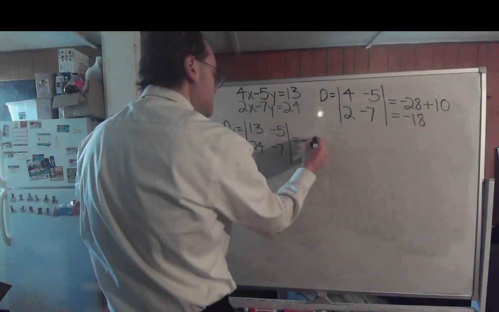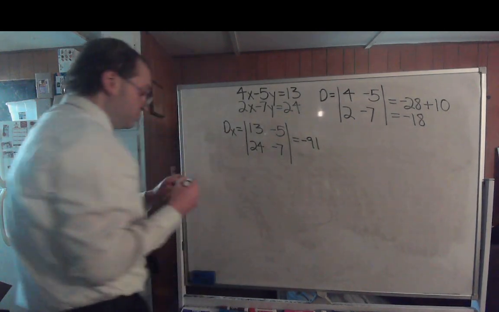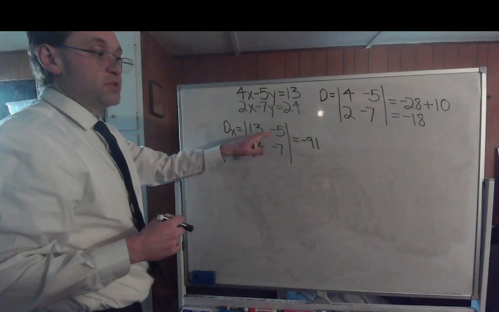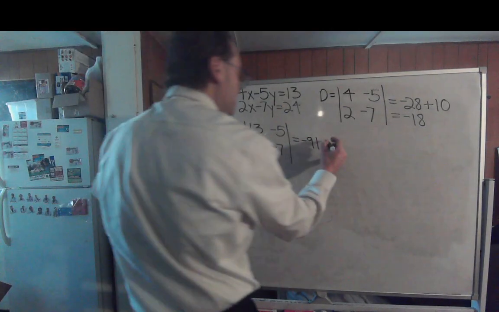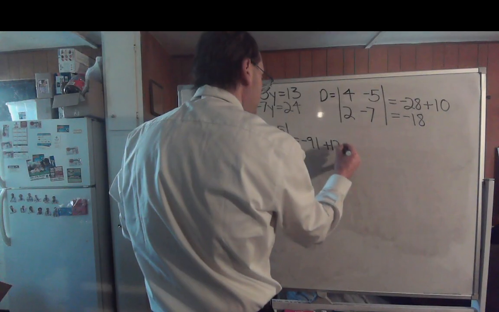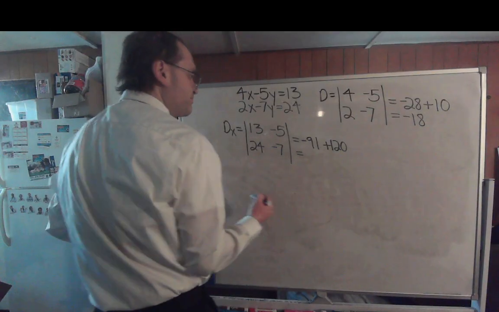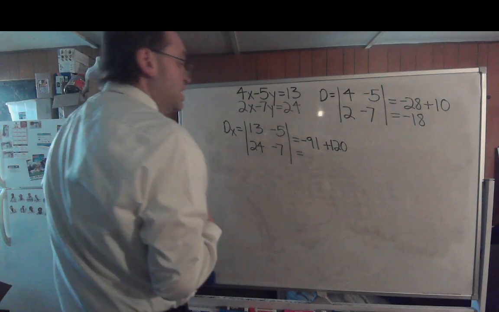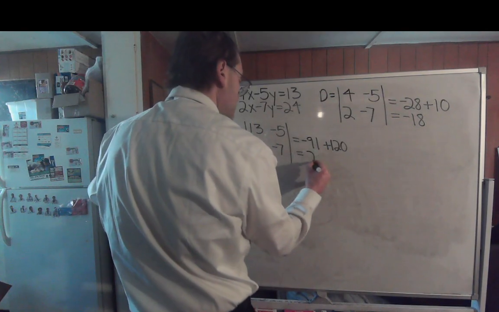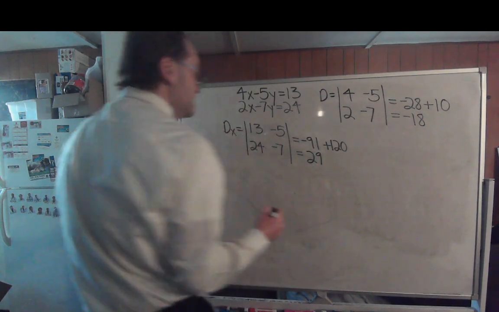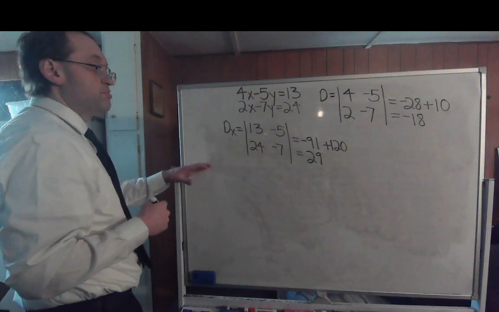That'd be negative 91 minus negative 5, which turns into plus 5 times 24. That'd be plus 120, which would give you a value of 29. So d sub x is going to end up being 29.